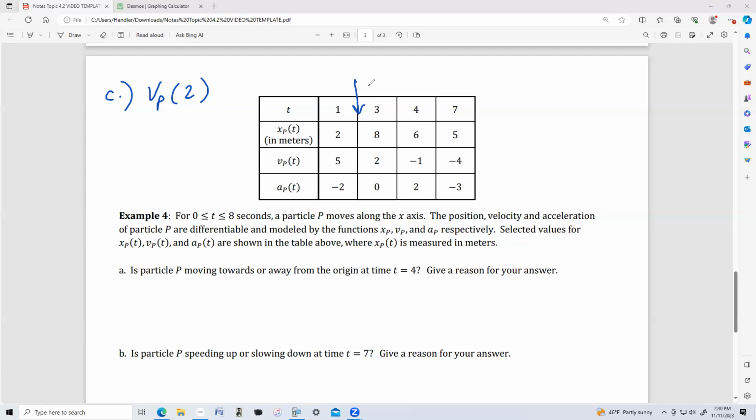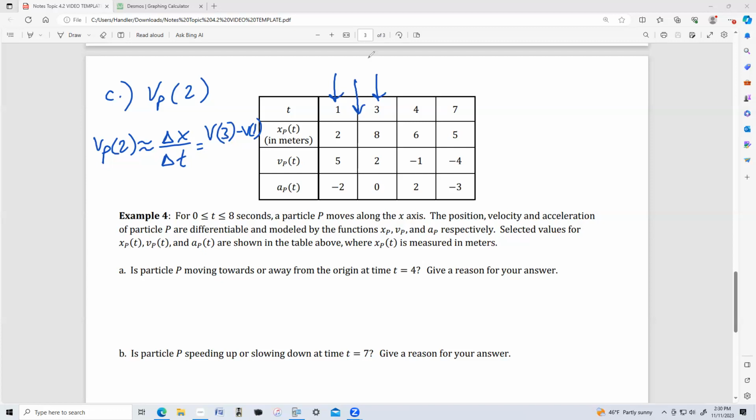So to estimate, we're going to have to look on both sides of 2, which would be here and here, right? So since velocity is change in position over change in time, the best that we could do is the velocity at 3 minus the velocity at 1.